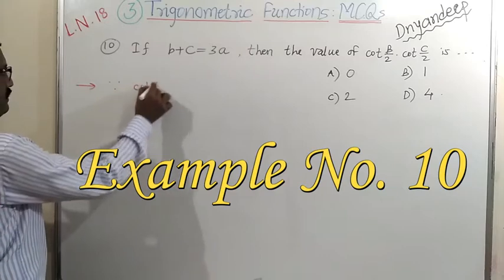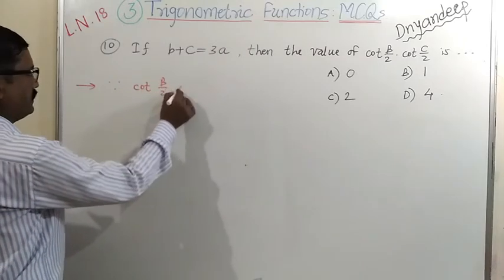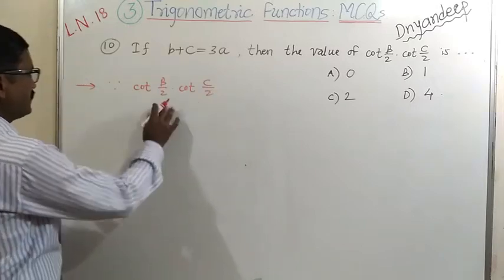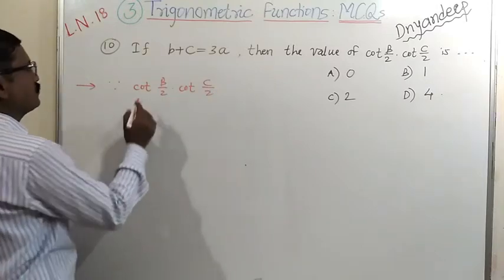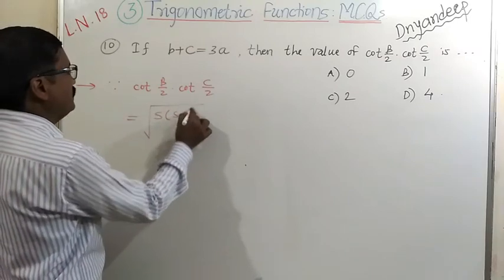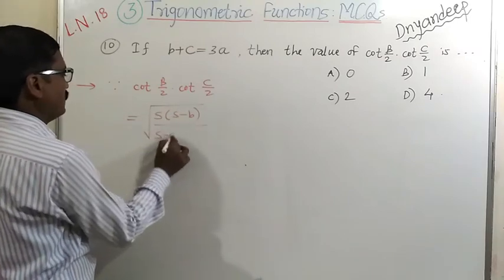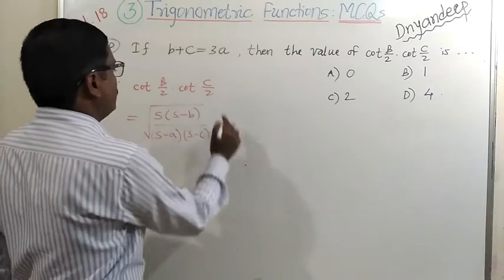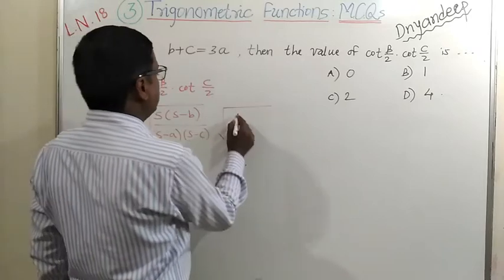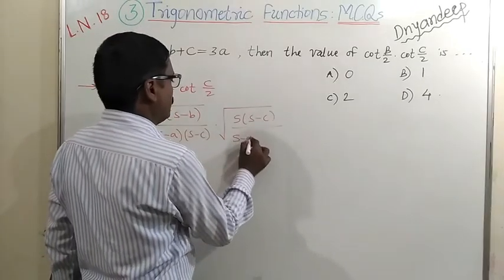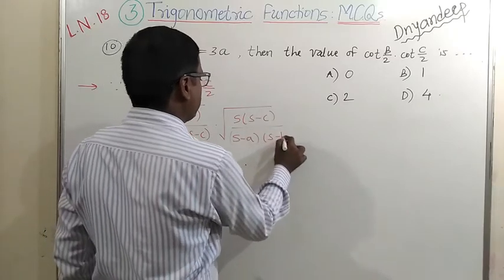Since cot B by 2 into cot C by 2, the value of this expression we have to find here. It is equal to cot B by 2, which is nothing but under root s into s minus b upon s minus a, s minus c, into cot C by 2, which is root s into s minus c upon s minus a, s minus b.